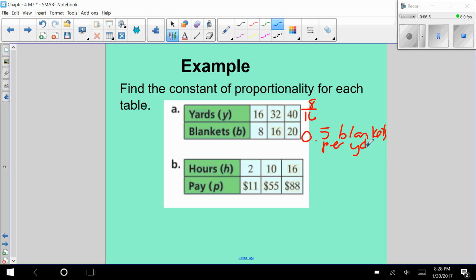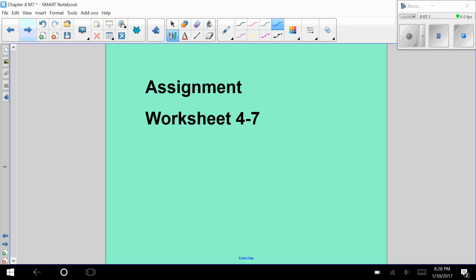Second one, it makes more sense to say dollars per hour, so we're going to go $11 over 2 hours. That's going to be $5.50 per hour. Here's your assignment.